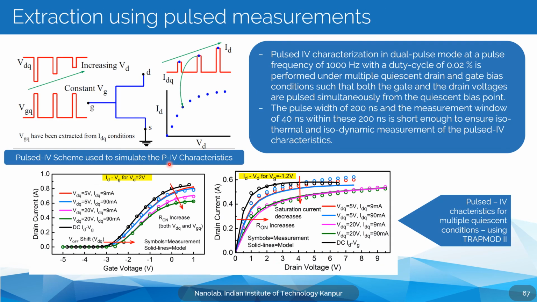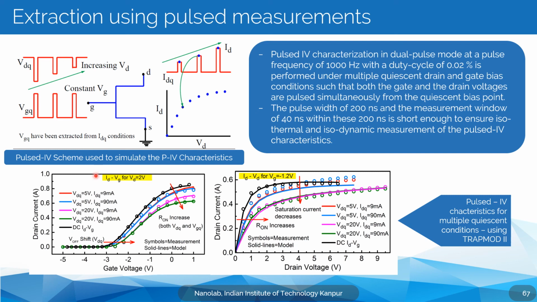For the extraction part, we extract the trapping models from the pulsed measurements. Once you fit your DC at different conditions, at different temperatures, you take your pulse measurements, and without the trapping components, you'll see that there's a mismatch because of trapping.